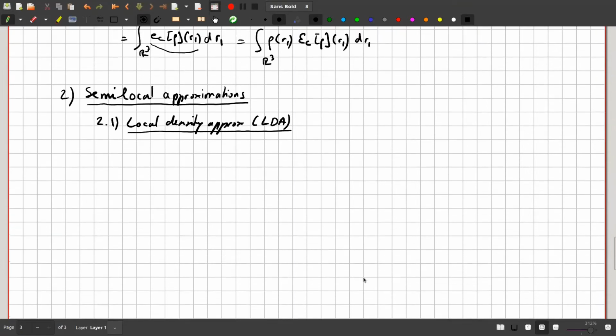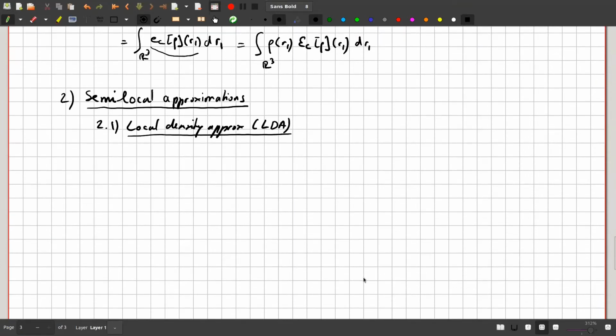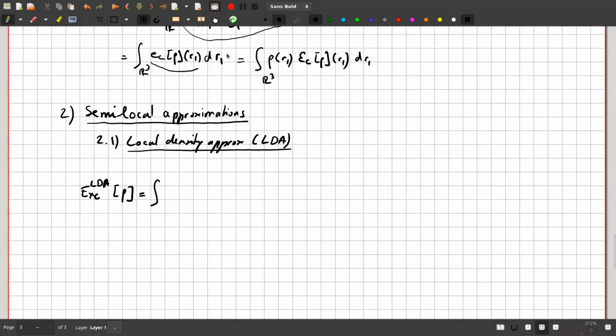Okay, so the local density approximation is rather simple. The idea is to write the exchange correlation functional in LDA as follows. So, well, in the same form as we put it here, but now we are going to have the density.